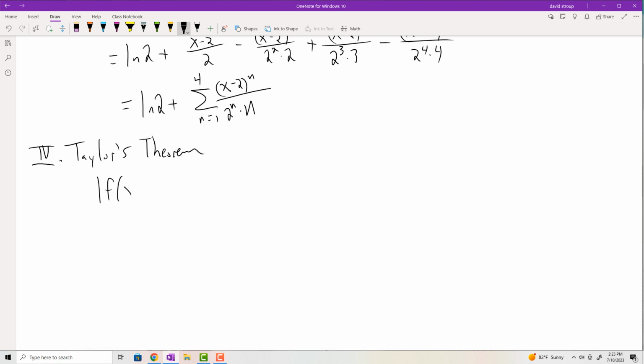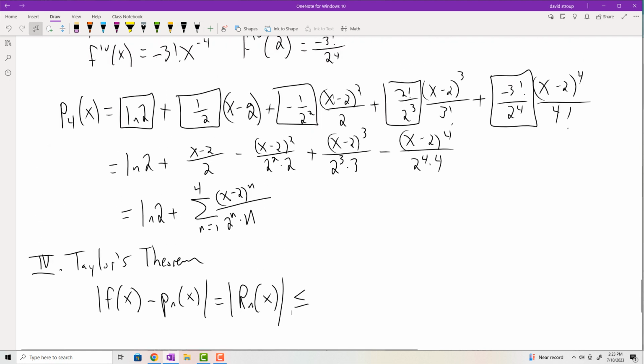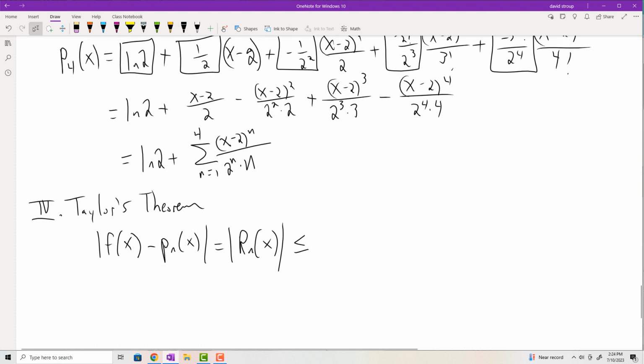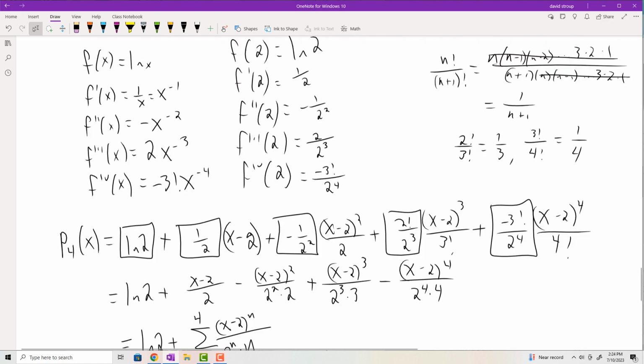All right, but here it is. The difference between f of x and the nth degree polynomial that we've built off of f of x, we're going to call the absolute value of this remainder function R sub n of x, and it's bounded above, a little bit like the alternating series estimation theorem, by kind of the next term in your polynomial.